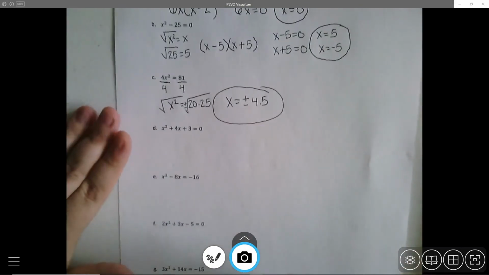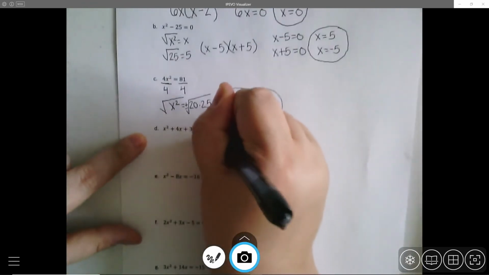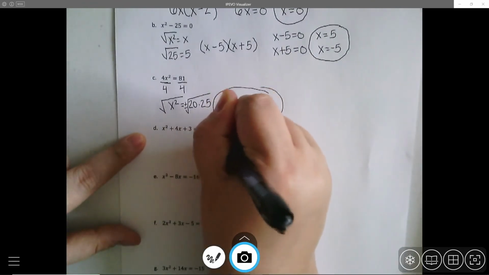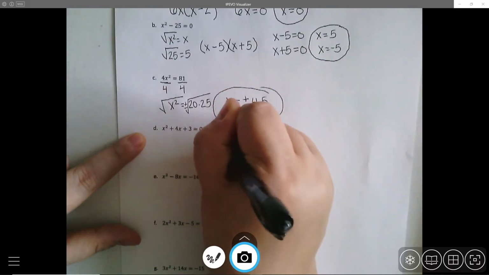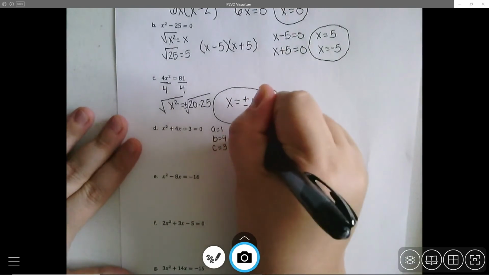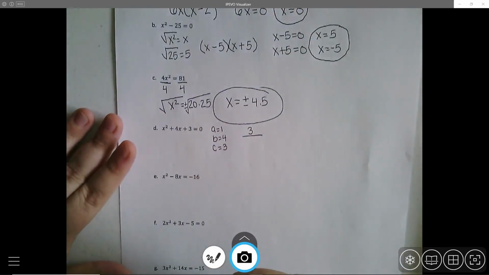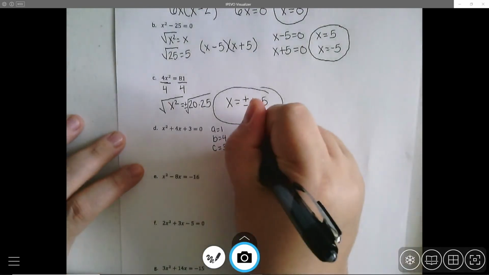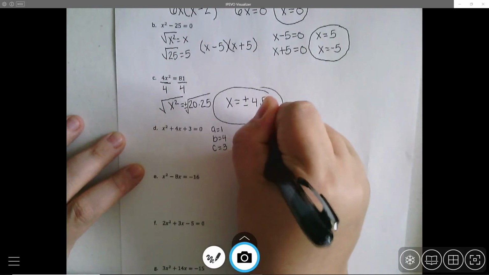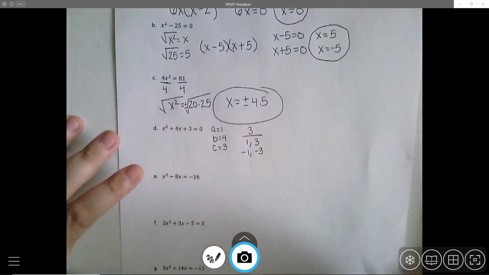Okay, when A equals 1, identify your A is 1, my B is 4, and my C is 3. I'm going to write out factors of C. Now, since your C is positive, remember that told you either both factors are positive or both are negative. So factors of 3 are 1 and 3, or it's negative 1 and negative 3.